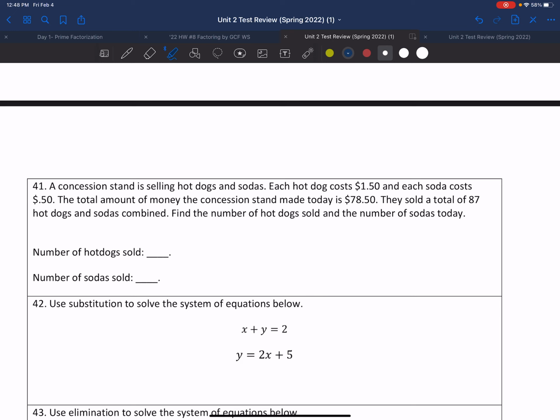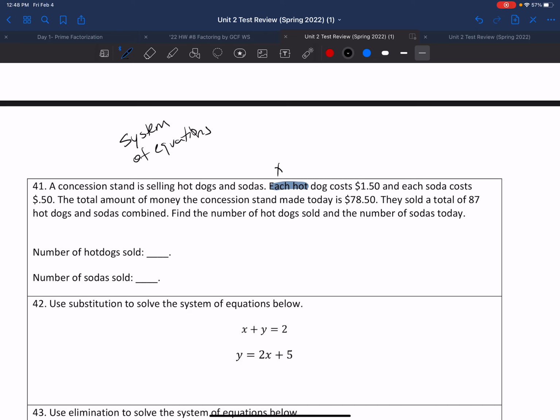So this right here, remember, is what you call a system of equations. When I'm dealing with word problems, I like to define a lot of things. Let's say that x represents hot dogs. When I see each hot dog, I say x amount of hot dogs because I don't know how many hot dogs are being sold.